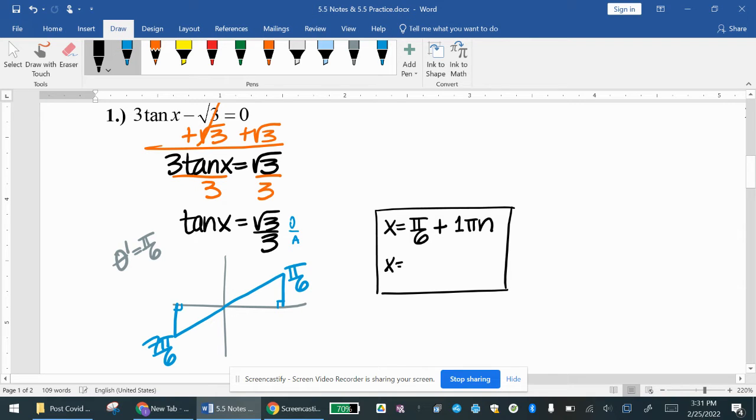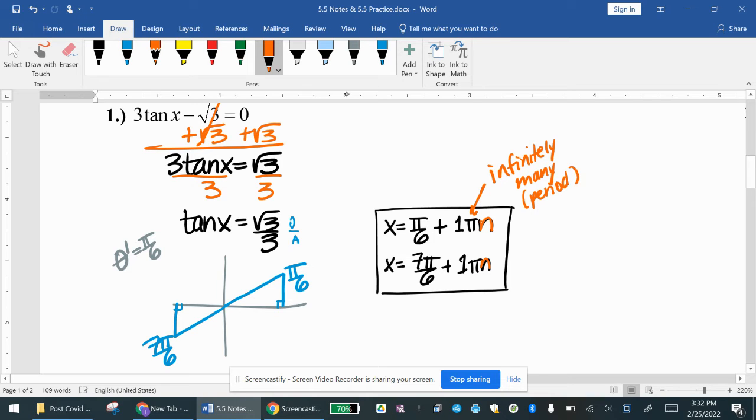And we can also say that the solution is 7 pi over 6 plus 1 pi n. So remember, you're going to be adding infinitely many rotations, that's what the n stands for. And remember, think of the period of that function. So the period for tangent is 1 pi, not 2 pi.